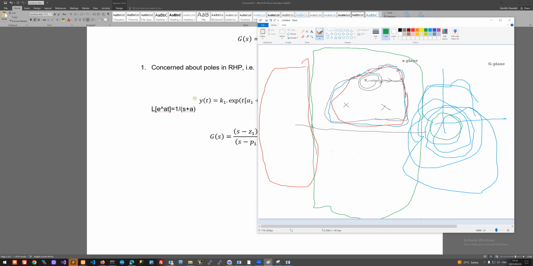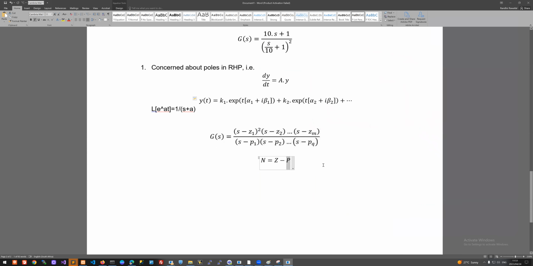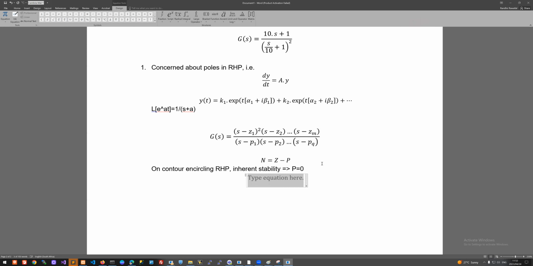So if that's true, then there are no poles on the right-hand plane. So now we've chosen the contour. On the contour encircling the right-hand plane, inherent stability implies that P equals 0. Then that leaves us with N equals Z.